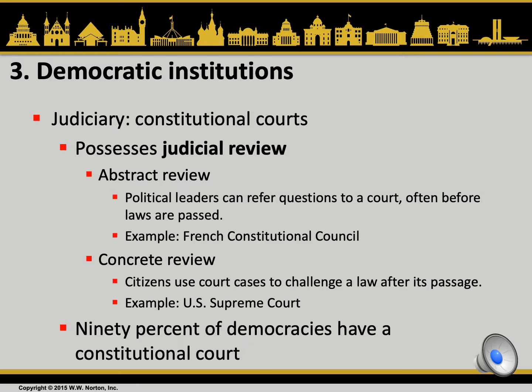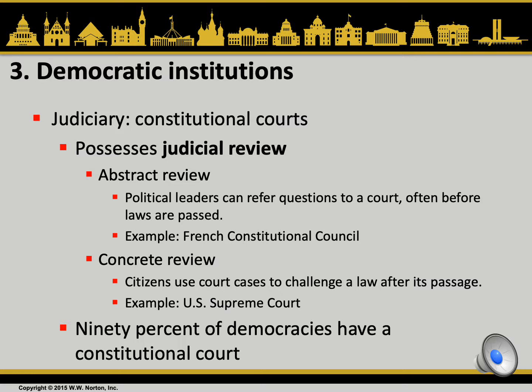I mentioned earlier in the course the importance of a constitution and the fact that constitutions generally themselves are institutions. They are firm and respected for their important role they play for a country.